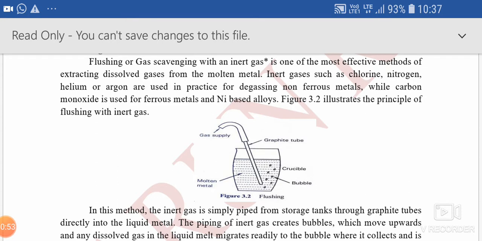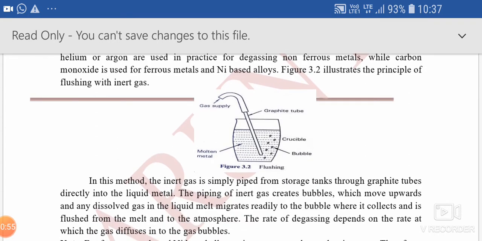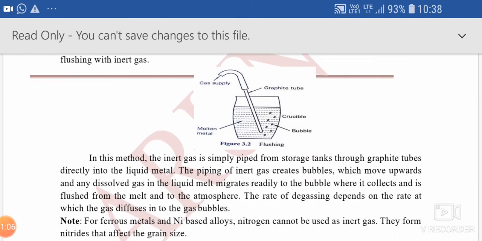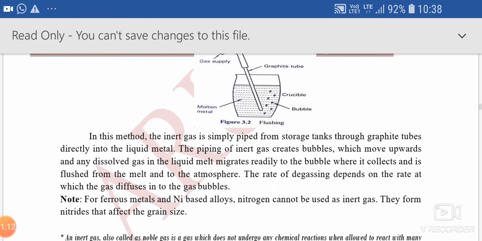In the figure below, you see a crucible in which molten metal is poured. Inert gases are supplied into the molten metal with the help of a graphite tube.